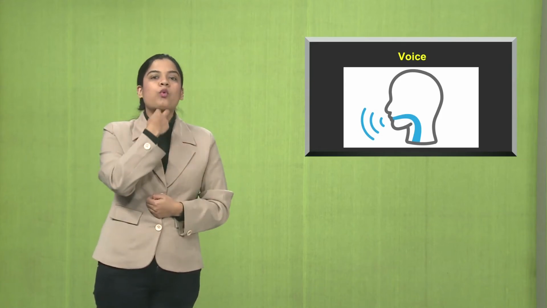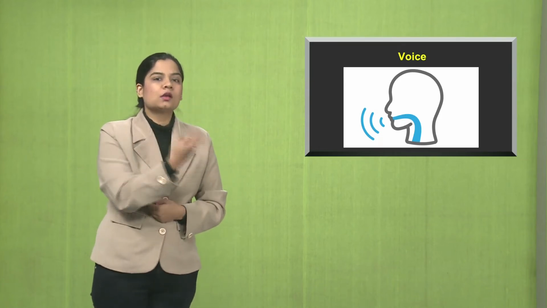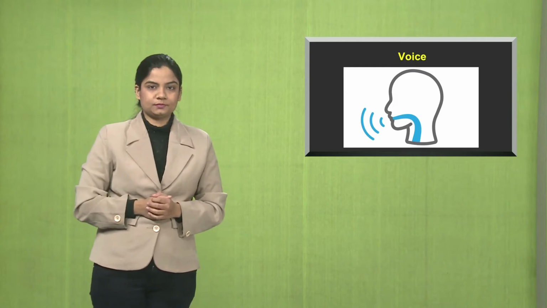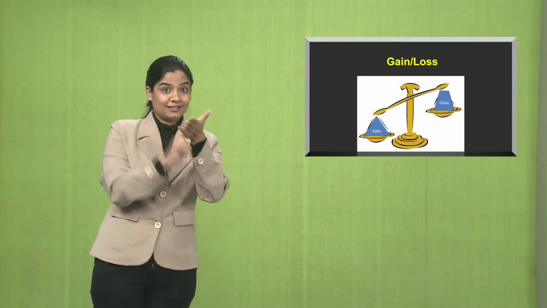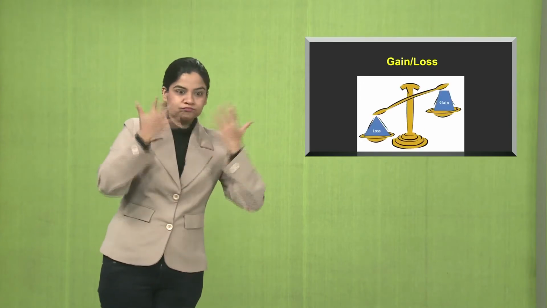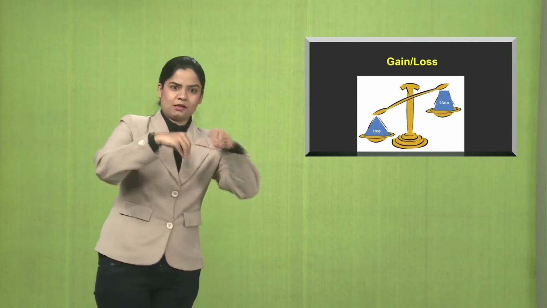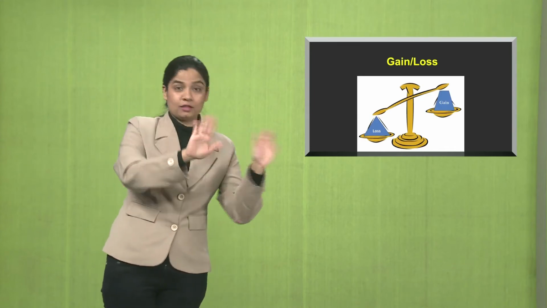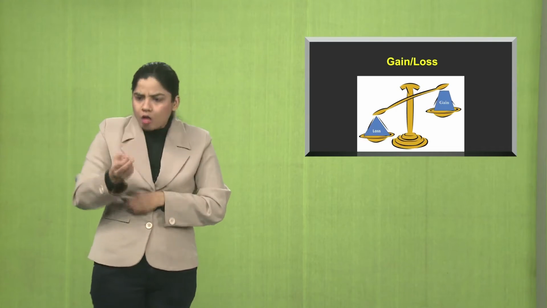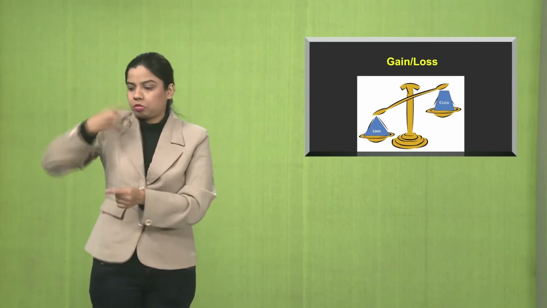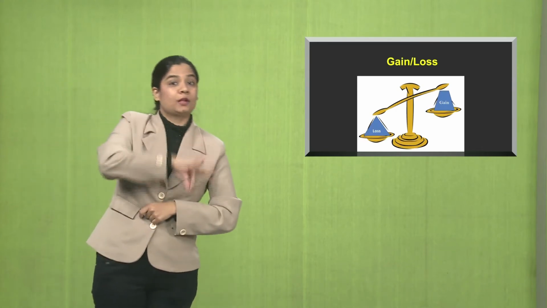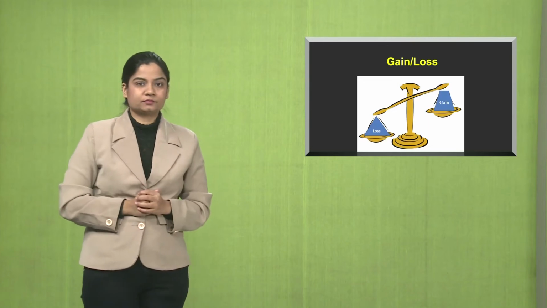Voice: a sound produced by a person or uttered through the mouth. Gain means to secure, to obtain something, getting some benefit out of it. Loss is the process of losing something or someone. Benefit and losing.